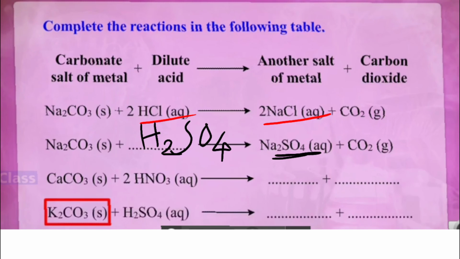Everywhere H2O will come. So you have another salt, carbon dioxide and water. So children, everywhere you can write down carbon dioxide and water. Whenever carbonate is there, you are going to get carbon dioxide and water. So you can write CO2 plus H2O.